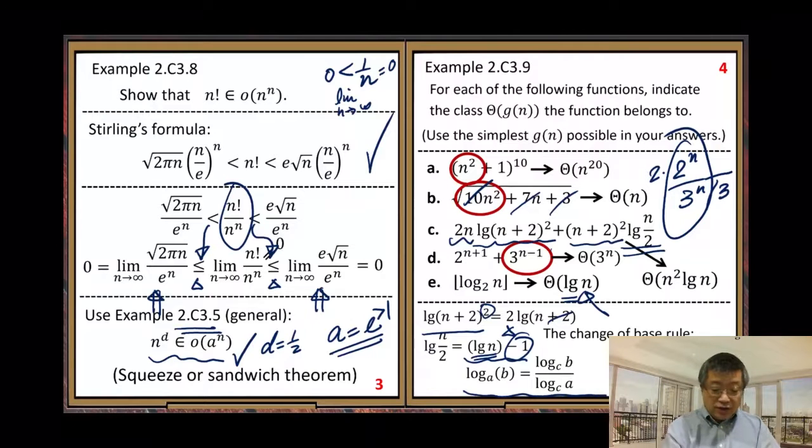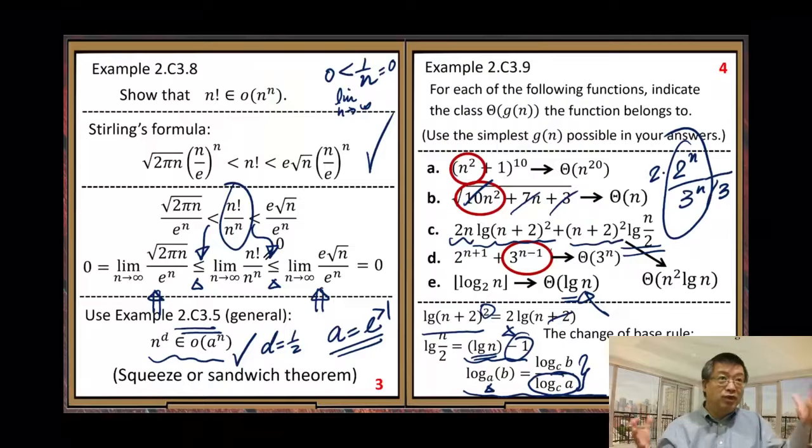Suppose you have base A; you can use this formula to change to a different base C. Log base C of A will just be a constant after you change the base.